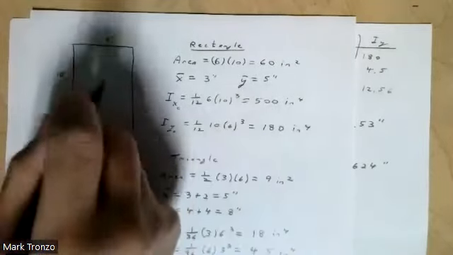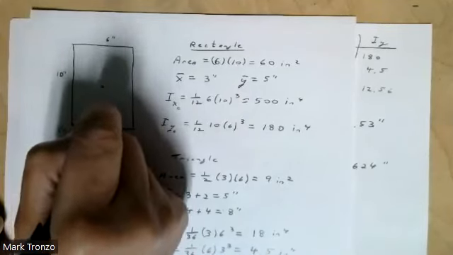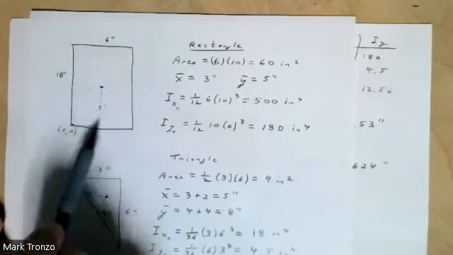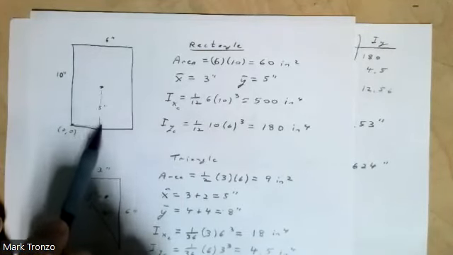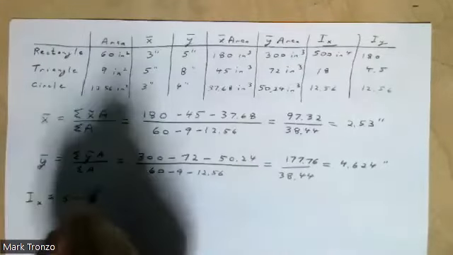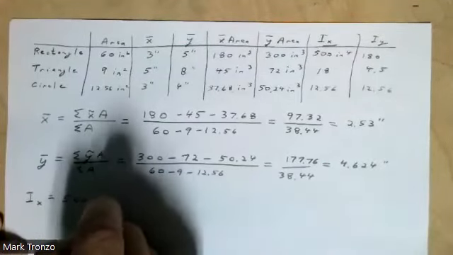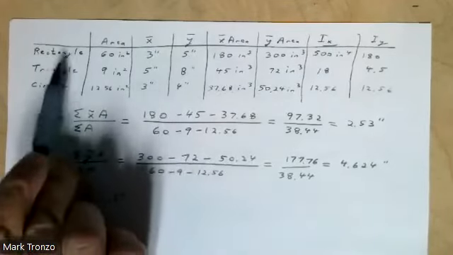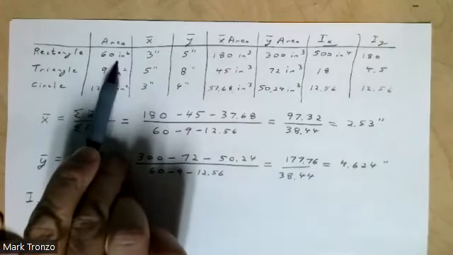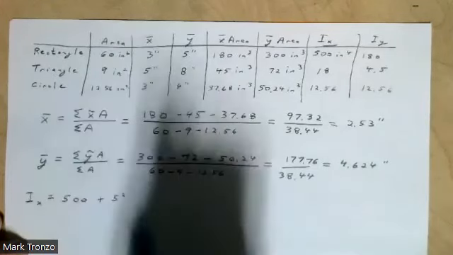In other words, it was 5 inches from the x-axis, so we're going to have to use the parallel axis theorem, plus that distance squared times the area of the rectangle, which is 60.